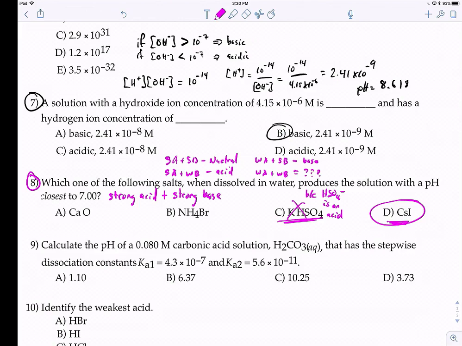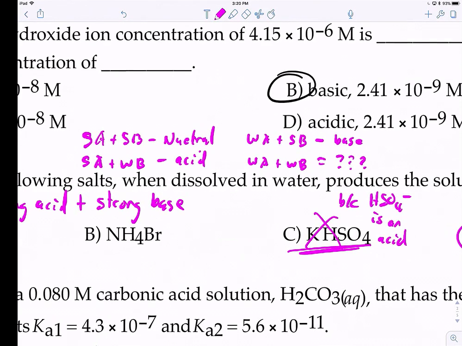I just realized you said pH closest to 7, which is neutral. Yeah. The way I always remember it is the strong acid is so strong that it turns the weak base into an acid. That's not proper. The real reason is that the conjugate acid of the weak base makes the solution slightly acidic.